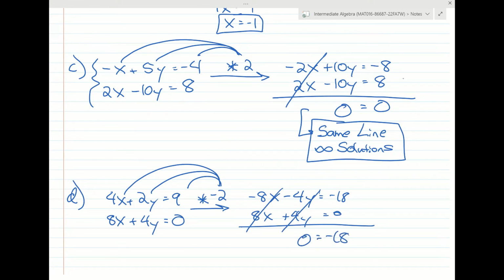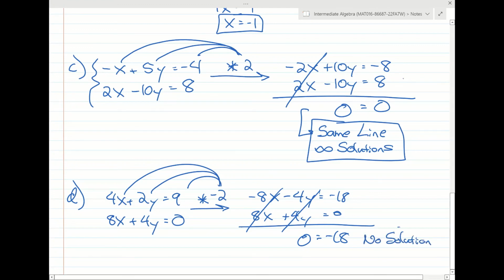If you do that, you get another one of these weird solutions where 0 is equal to negative 18. But we talked about that before. That's a case where there's no solution, meaning that the lines are parallel.